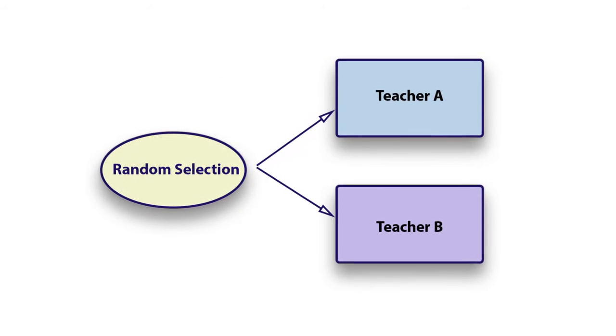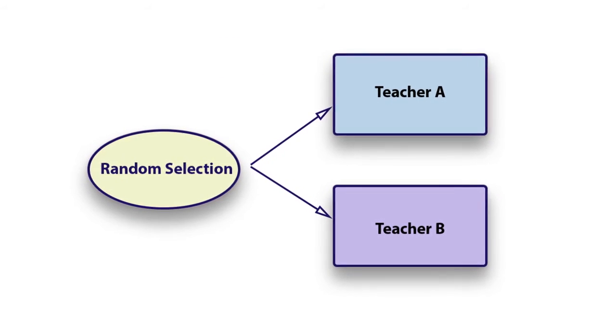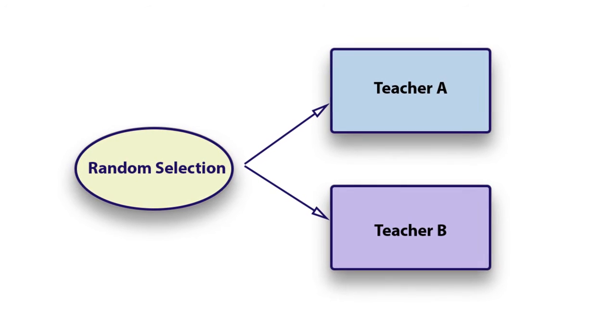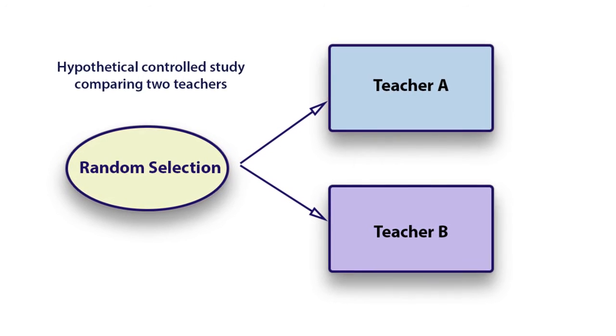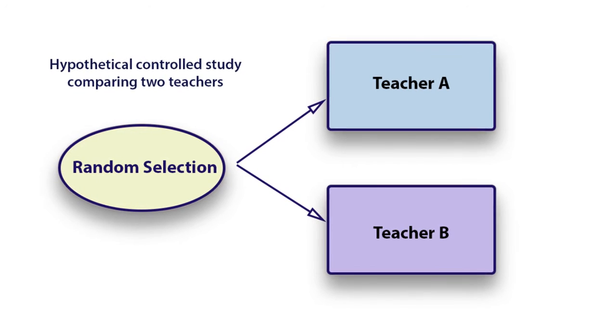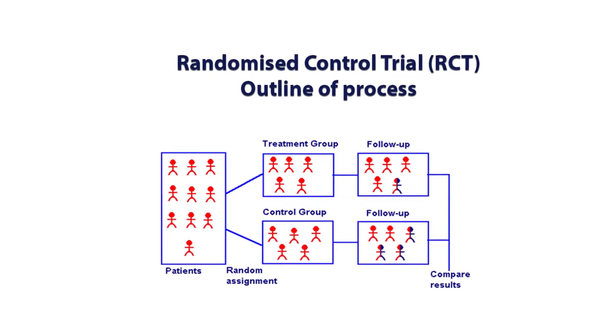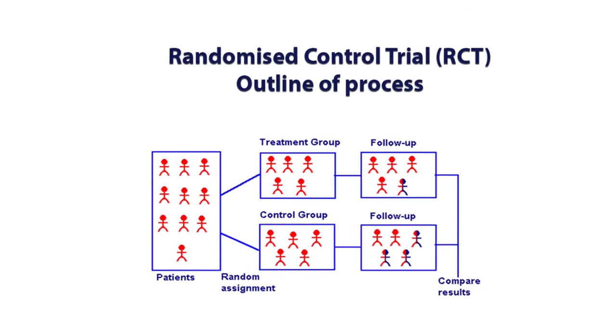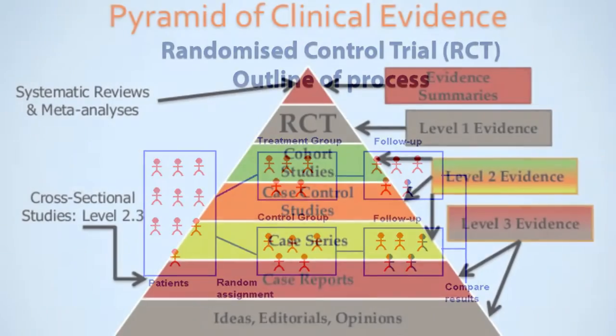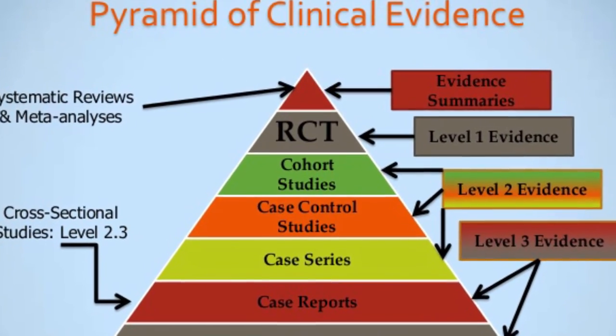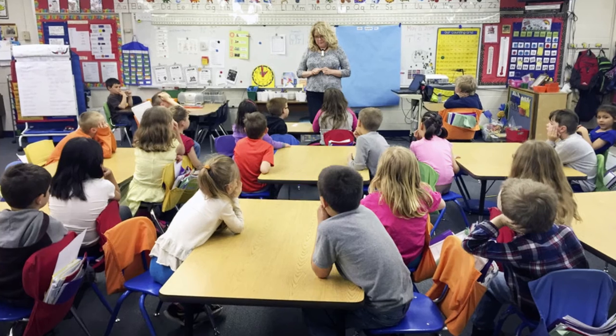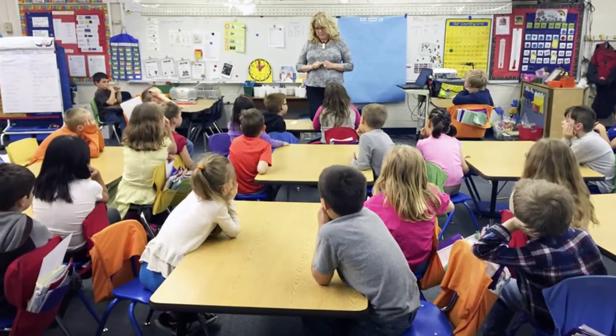Selecting students randomly into groups makes it likely that other factors do not have a systematic effect in one group relative to the other, which effectively controls the other factors. In medicine, such studies are common and they are called randomized controlled trials. In schools, however, randomized controlled trials are generally not feasible.